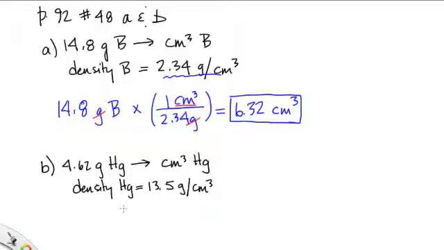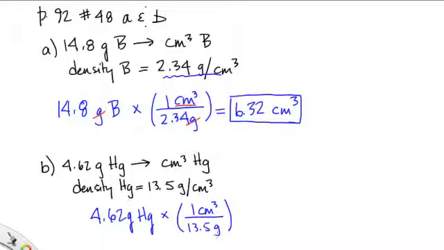We have a similar problem down here. I'm starting out with 4.62 grams of mercury, and I want to find out how many centimeters cubed of mercury I have. Here's my density of mercury. I can turn this into a conversion factor. So for every 1 centimeter cubed of mercury, it will hold 13.5 grams.